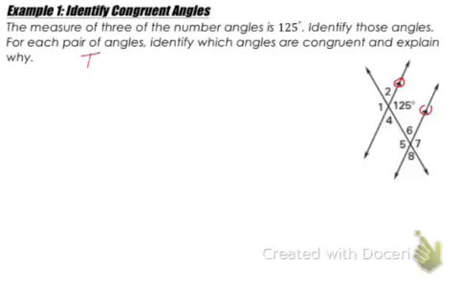So we know that because two lines are parallel, we're going to have some special angle pairs that have specific properties. So we need to find the angles that are the same measure as 125 degrees. Well, angle 7 is its corresponding angle, and because the two lines are parallel and being cut by a transversal, the corresponding angles are congruent.